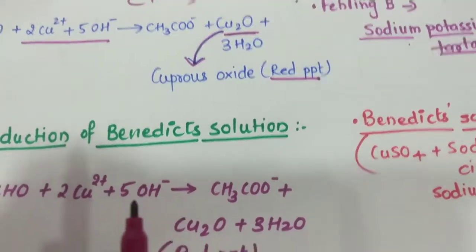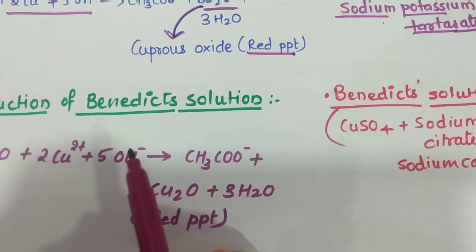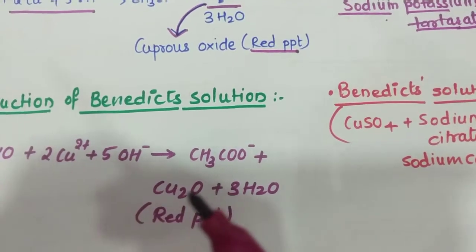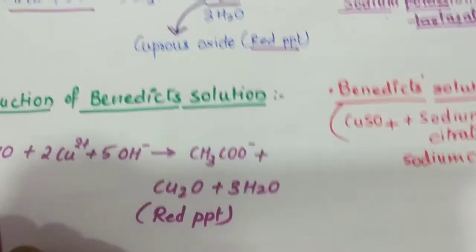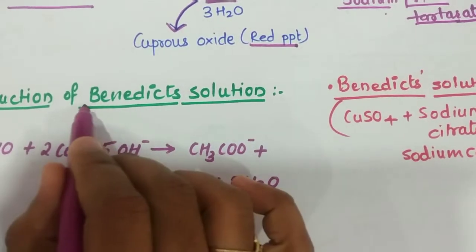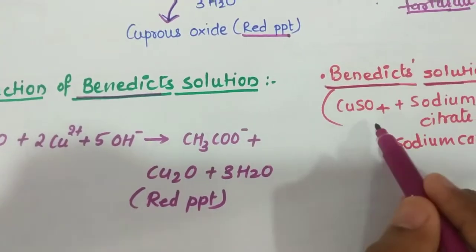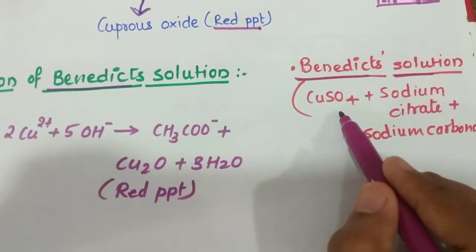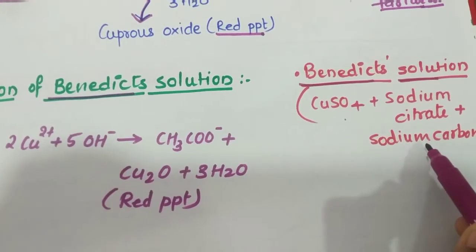Okay, now let's see the last one, and that one is Benedict solution. Although it is not included in your NCERT part, I still want you to know about it. So, reduction of Benedict solution. Now what is this Benedict solution? Benedict solution is a mixture of copper sulfate solution, sodium citrate solution, and sodium carbonate solution.